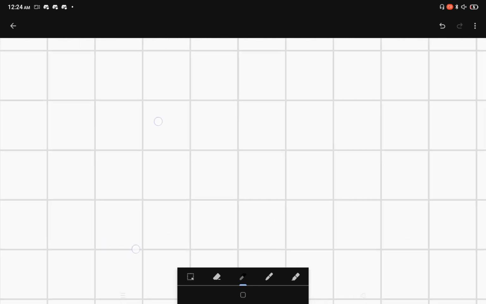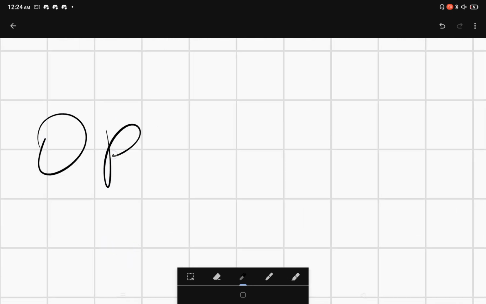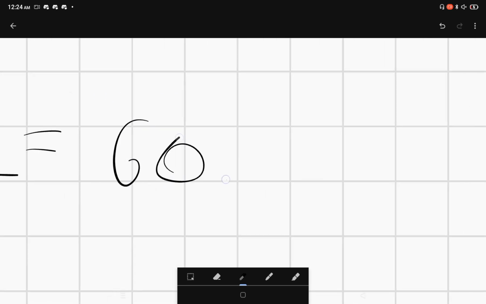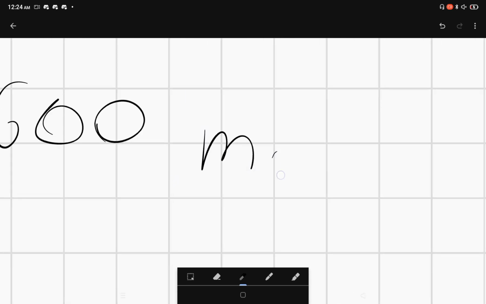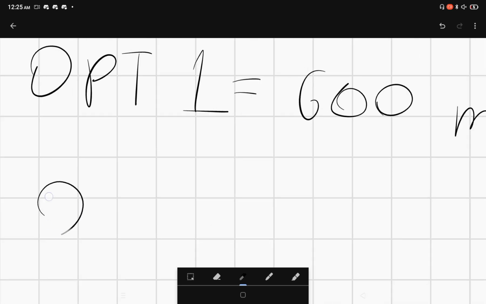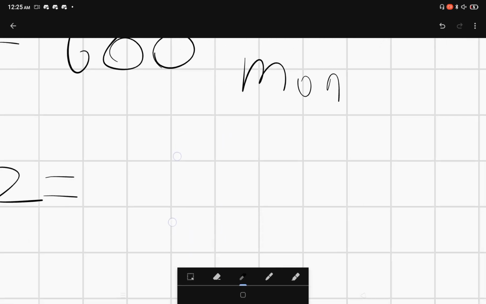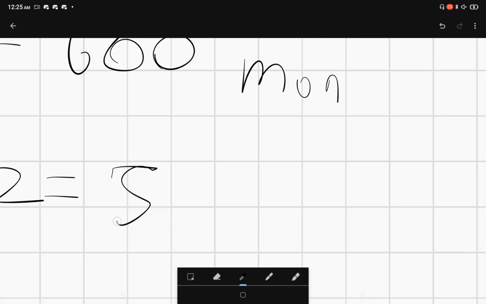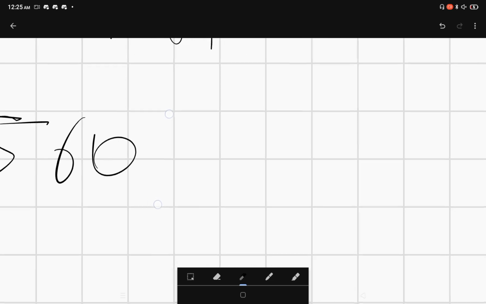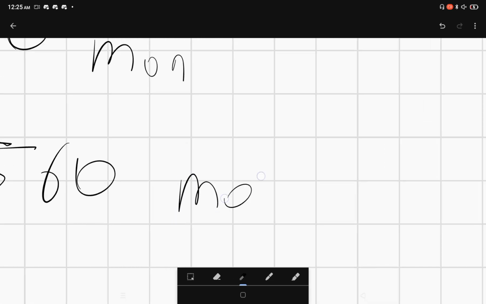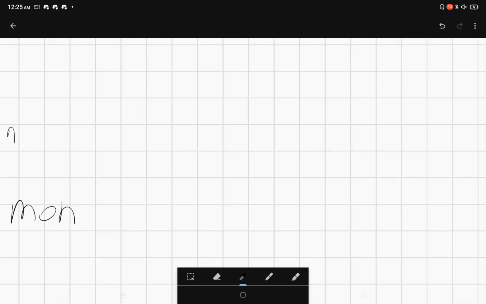So the question said which is the better option. So we all know that with option 1, Sharifah will get 600 monthly. For option 2, she will get 560 ringgit monthly.